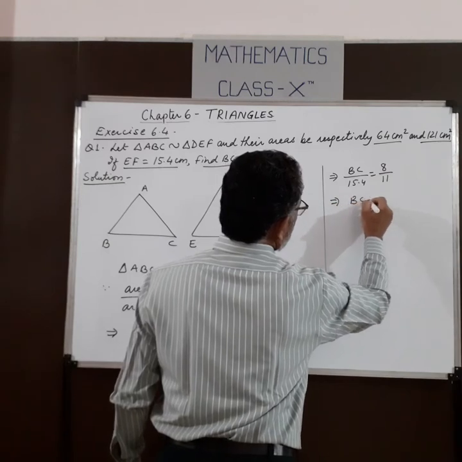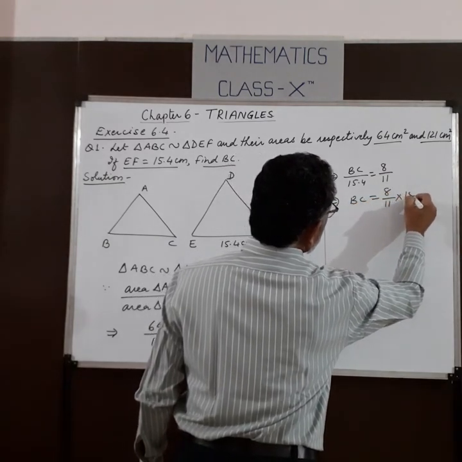So this gives BC is 8 upon 11 into 15.4.